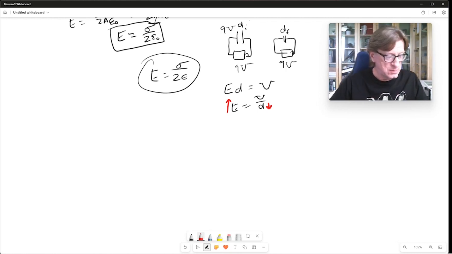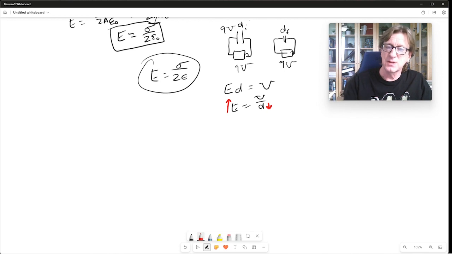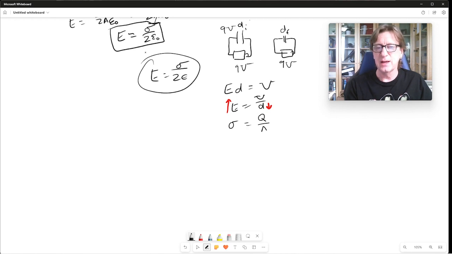All right, look on the next page. It says, what would happen to the area charge density in this case? Let's keep walking back through our equations here. We know that the area charge density on one of the plates is going to be Q divided by the area. Can you see that?